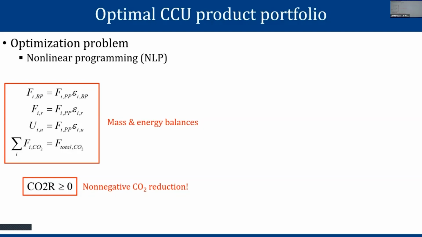This optimization problem is basically a nonlinear programming problem, and in this problem we have different types of constraints. So we have mass and energy balance constraints, and one of the most important constraints in this optimization problem is the non-negativity of CO2 reduction.